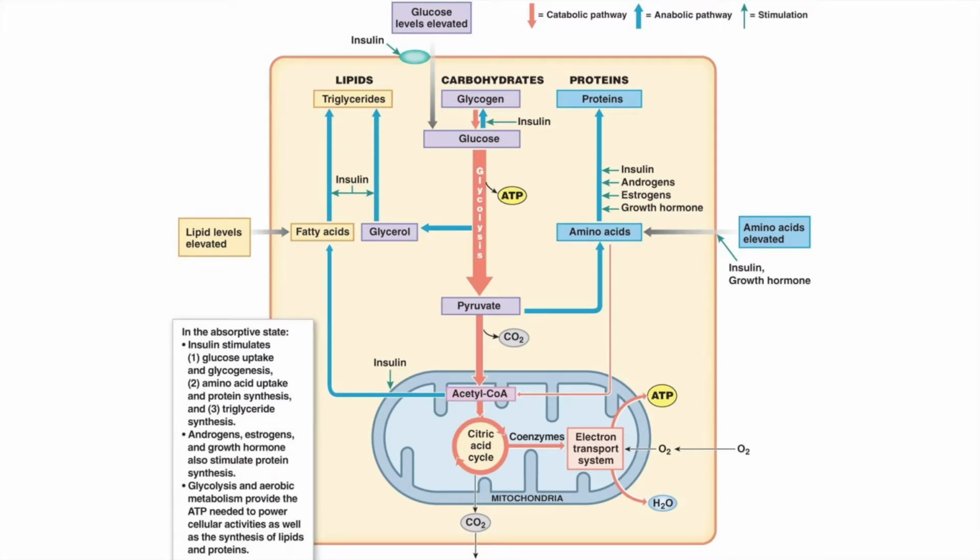Alright, there are 2 general patterns of metabolic activity. You have the absorptive state, where cells are absorbing nutrients and storing them. So this is right after a meal. All of our nutrient levels are going to be pretty high. Lipids are high. Glucose is going to be high.